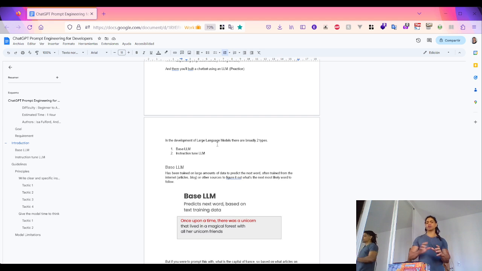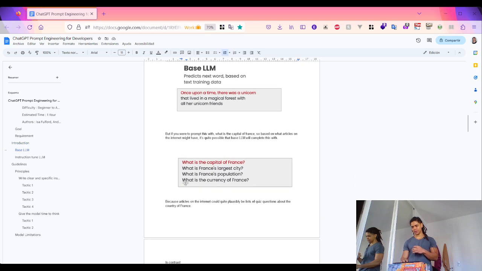But when you ask, for example, what is the capital of France, the model will likely complete with what is France's largest city, what is France's population, what is the currency of France, because the model was trained on articles on the internet that are likely to have lists of quiz questions.